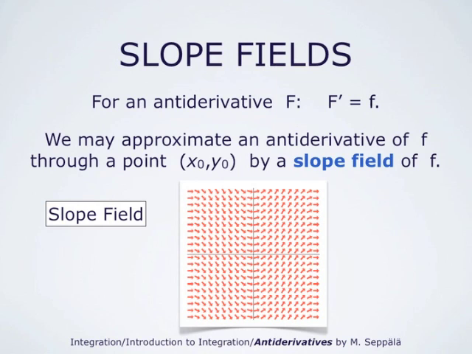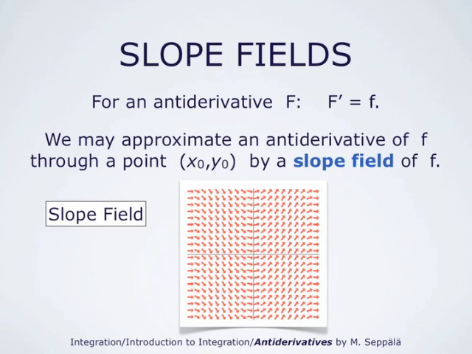An antiderivative of a function small f is a function capital F whose derivative is f. So when the function f is known, then we know also all the derivatives of the function F. And we may fill the plane with little arrows pointing to the direction given by the function f.